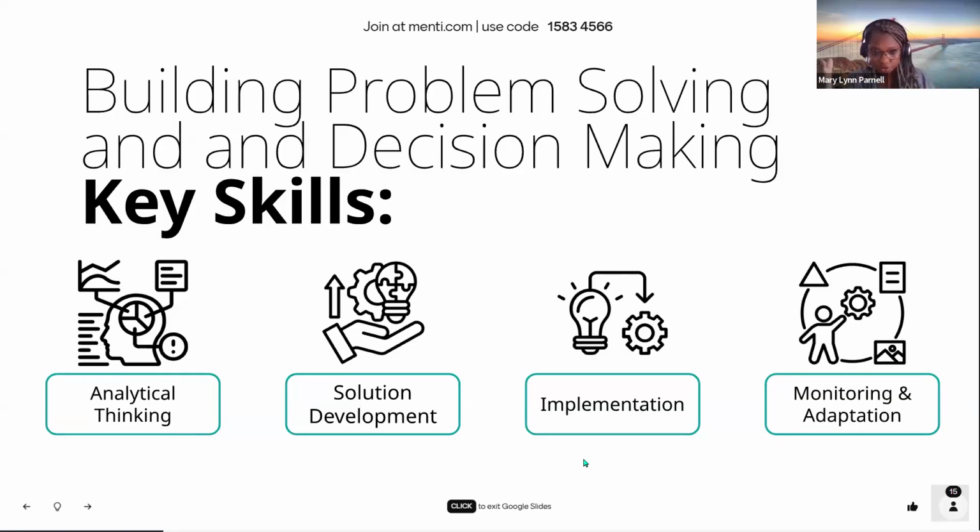When we got to solution development, that's balancing creativity with practicality. We talked about brainstorming in that area, when we were together, generating cost-saving ideas while maintaining product quality. Implementation, we saw how do we align our team and execute our plans effectively. So rolling out a new process, but with clear communication and accountability.